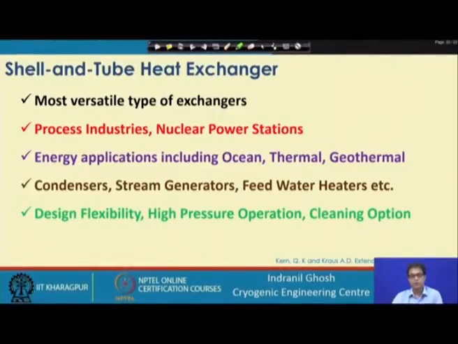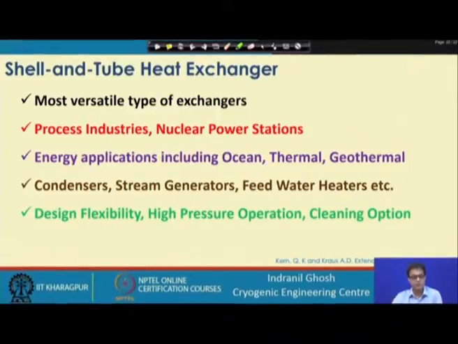exchanger. Whenever we are using some dirty fluids, which often generate scales on the heat transfer surfaces, and thereby give some kind of fouling resistance to the heat transfer, we often have to clean the exchangers.